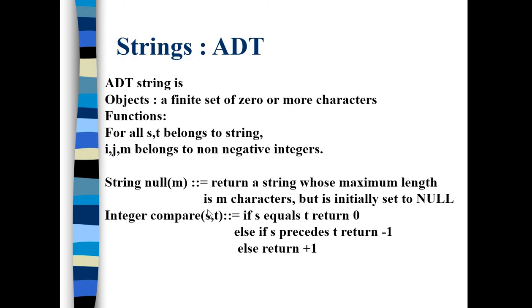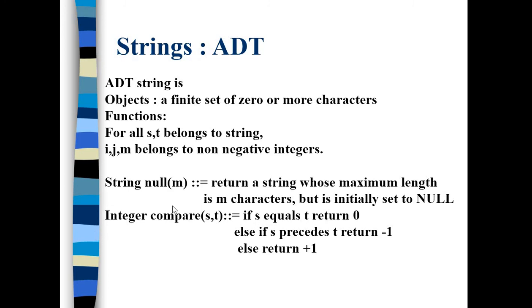If you want to set a string to null, you can define a function called null. If you pass the string here, that function can initialize the string to null. You can define another function called isNull to check whether the string is null or not.